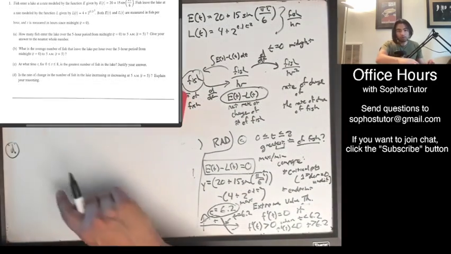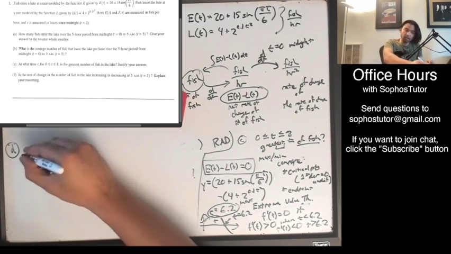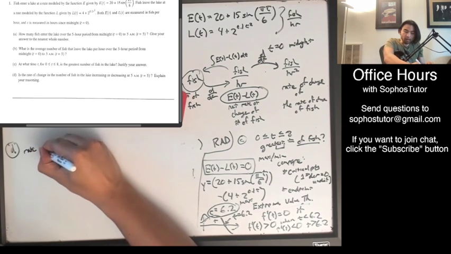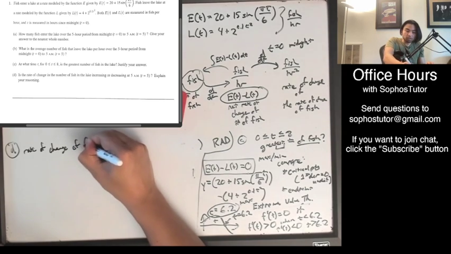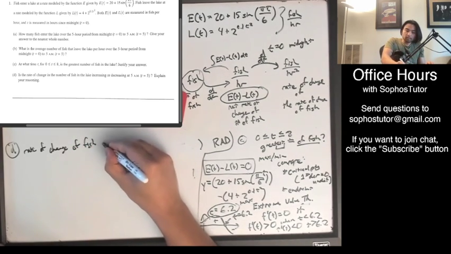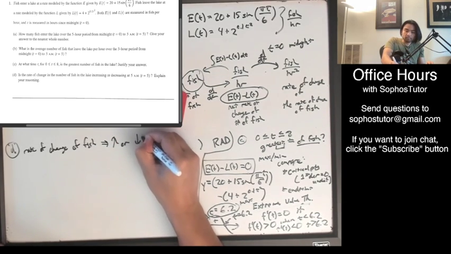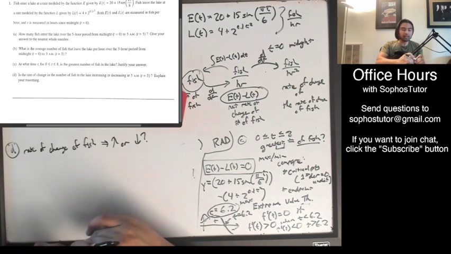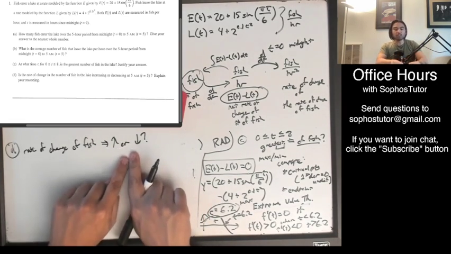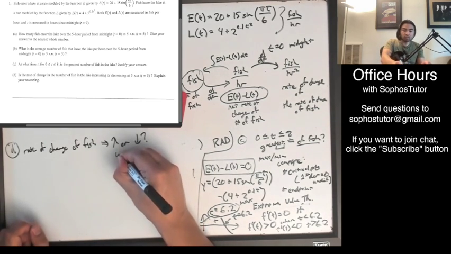Okay. Part D. Is the rate of change of fish in the lake increasing or decreasing? Okay, so it's asking for the rate of change of fish. Is it increasing or decreasing? Now, the simple way that I think of it is, whenever we're determining if a quantity is increasing or decreasing, we want to look at the derivative of that thing.